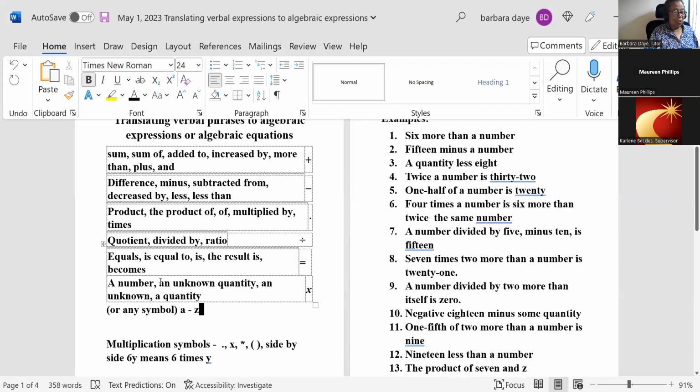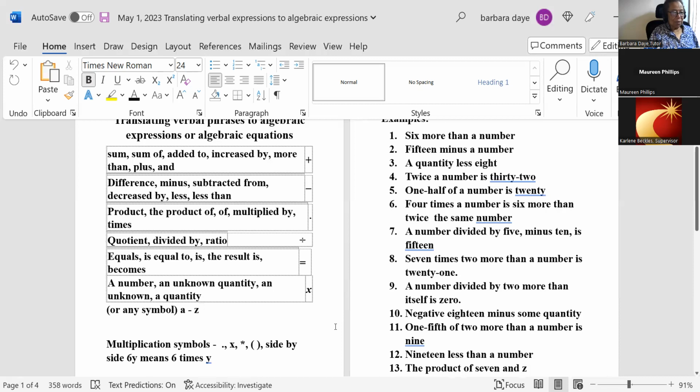And sometimes you see an unknown quantity. That's a variable. An unknown, a variable. A quantity, a variable. So these are the ways the verbal phrases represent the variable.